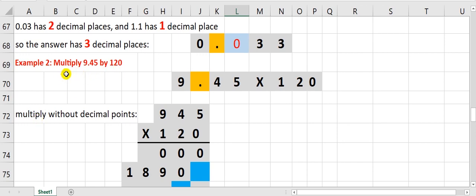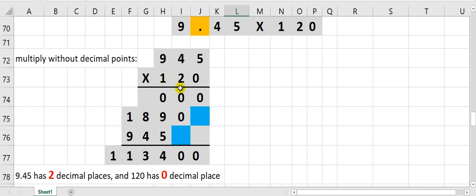Another example here. If I want to multiply 9.45 by 120, I put it here without decimal places. 0 by this, 0, 0, 0. Shift 1 place.